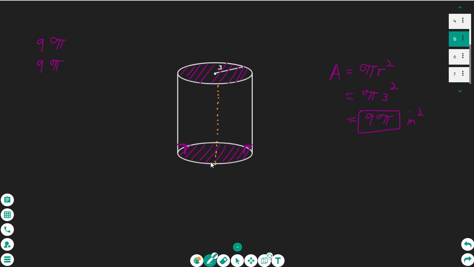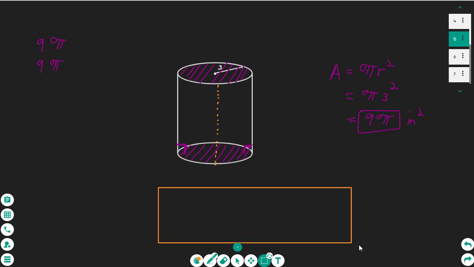And if you were to unroll that shape, what would you end up with? You would end up with a rectangle, wouldn't you? Right? Picture that in your head. You cut this side, you unroll it, and you end up with this rectangle that's flattened out in front of you.